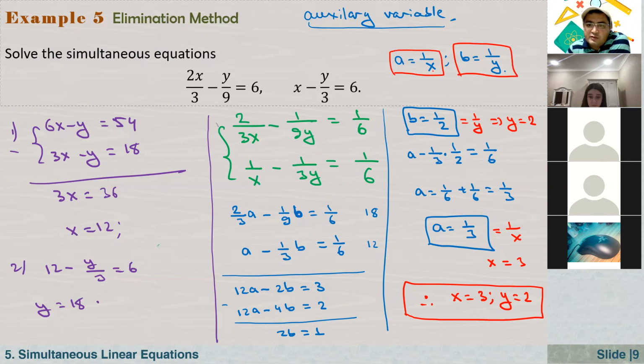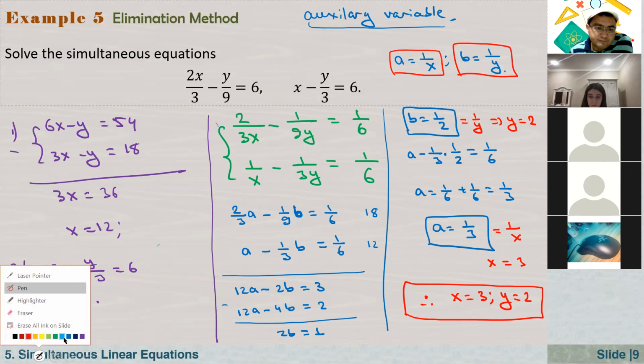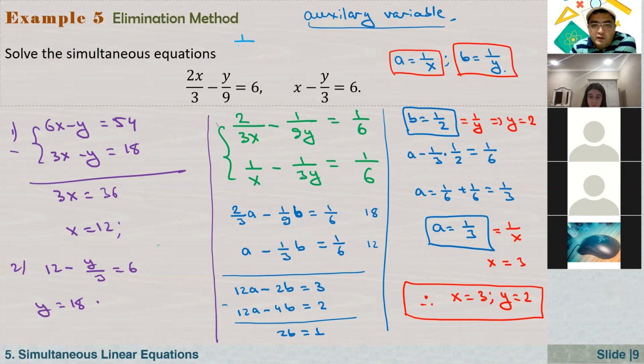Now if I substitute these into the equation, here I have, for example, 2 over 3x. Can I write it as 1/3 times 1/x? Yes. So what is 1/x?